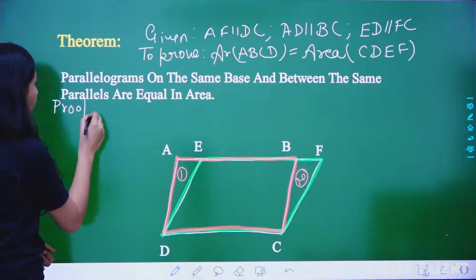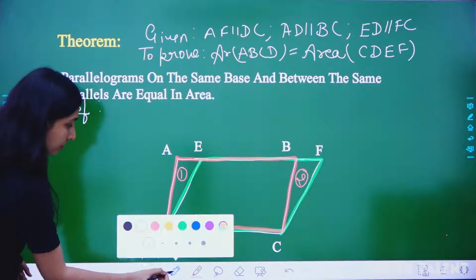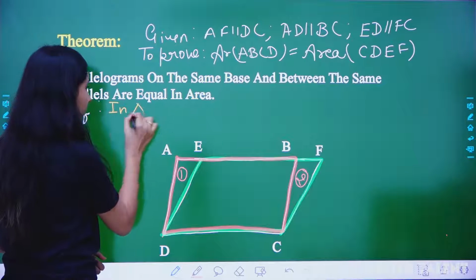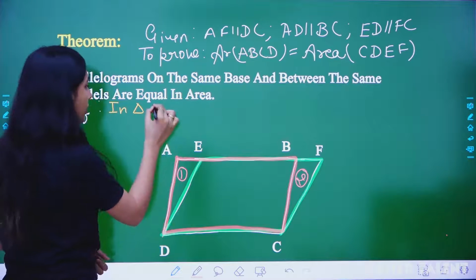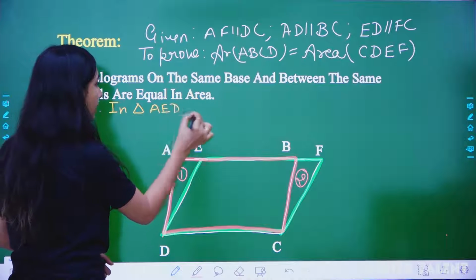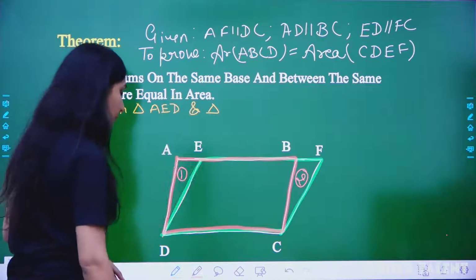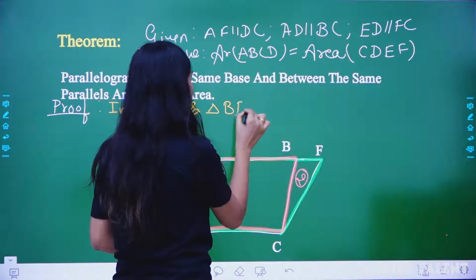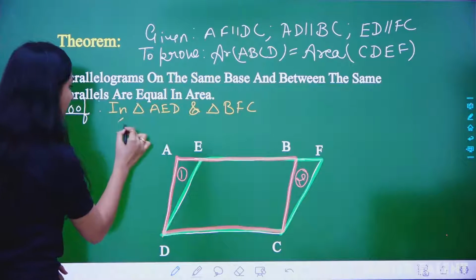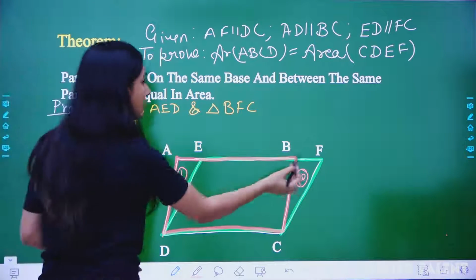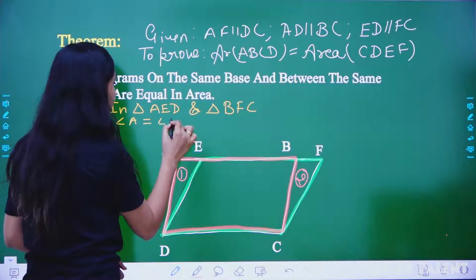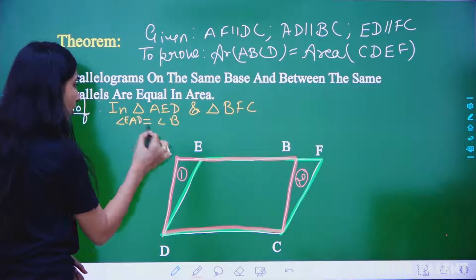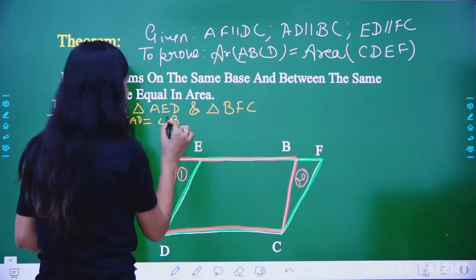So, talking about the proof, here we have in triangle AED and triangle BFC, this angle A is equal to this angle B, okay, this EAD is equal to this FBC.